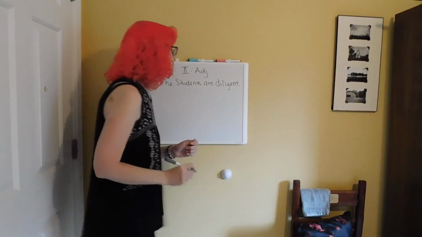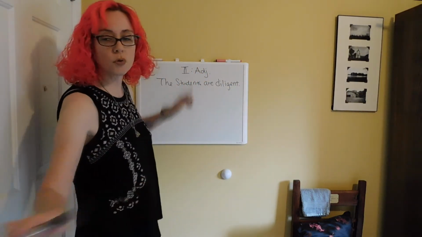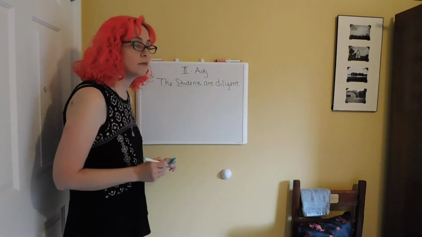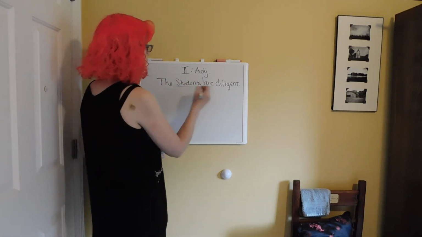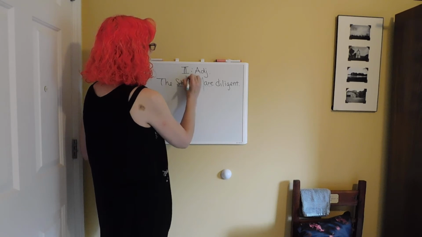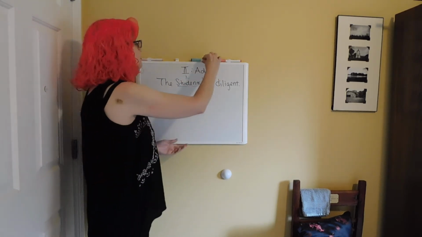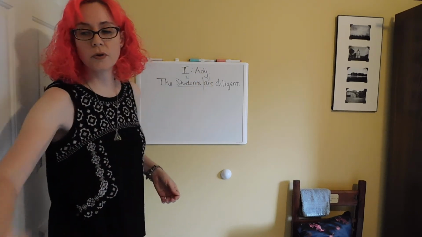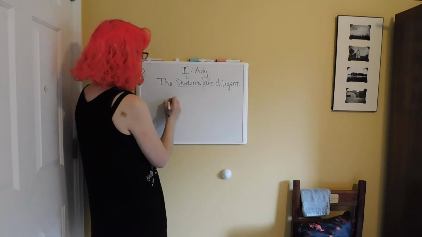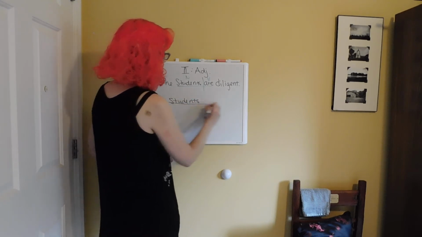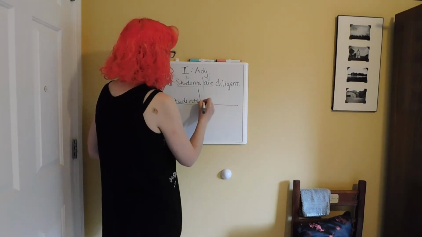Again, what is your core sentence? Students are. Your noun, your verb. This tells you what you're going to put on the main line. Students are.